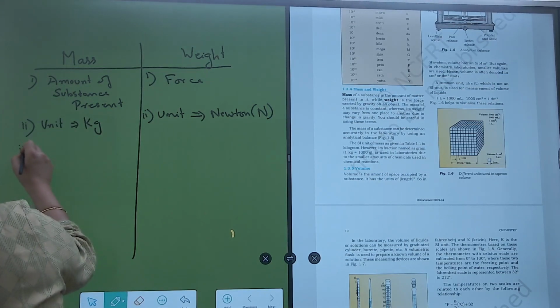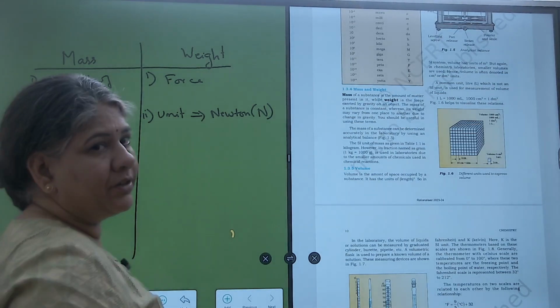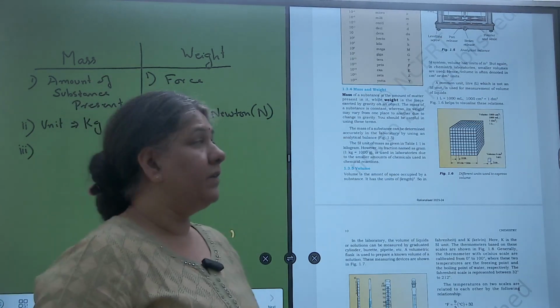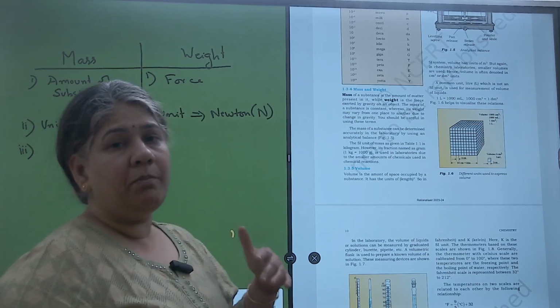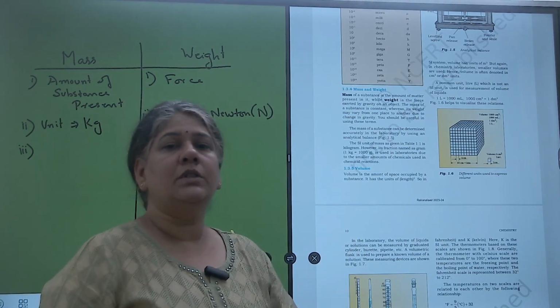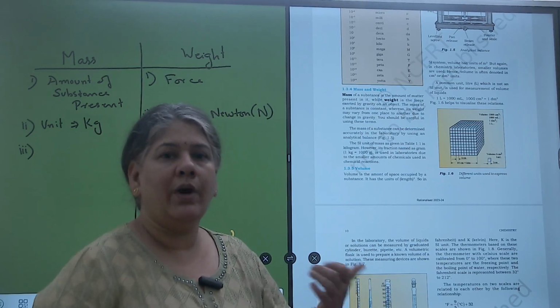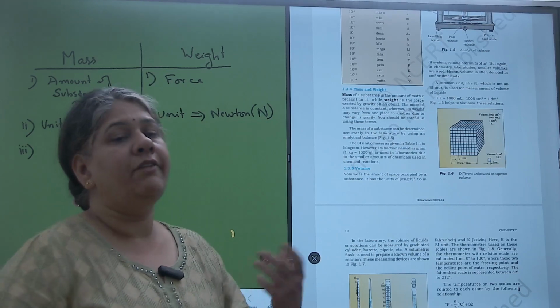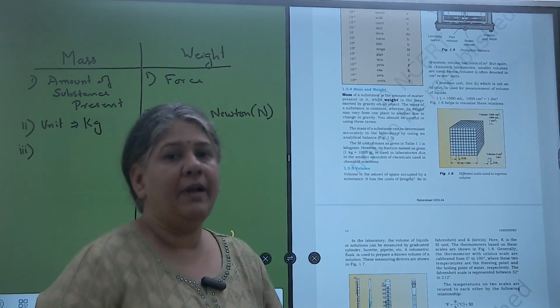Another important point of difference is that mass remains constant. It does not vary from place to place, whereas weight varies from place to place. If you measure something at the poles and something at the equator, then the weight will vary. The same amount of substance will give different weights at different places.